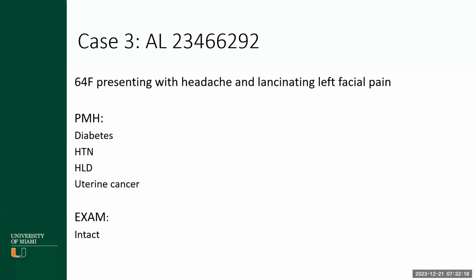So we have the foramen ovale, with V3, the mandibular branch, coming off of there. We'll have V2 coming out of the rotundum. And then V1 is going to be coming out of the superior orbital fissure.